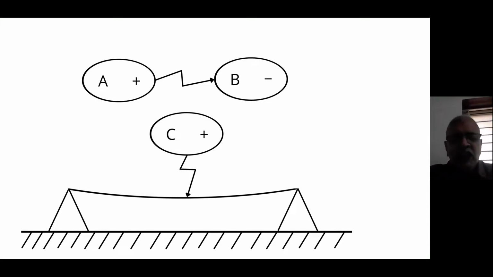I have shown the transmission line in a symbolic way, but the charge on the transmission line is negative by induction, and it is bound. It is bound by cloud C. Because it is bound, it cannot do any damage to insulation. One charge has created another charge.